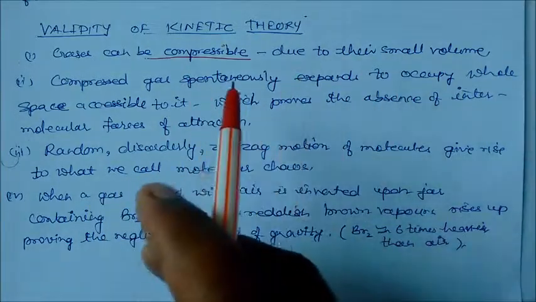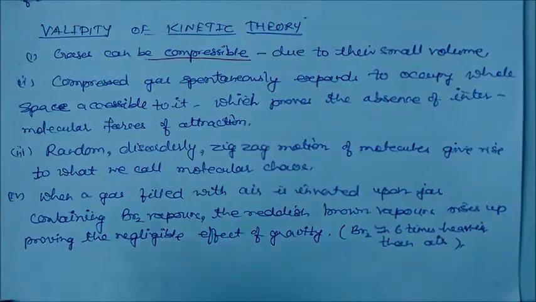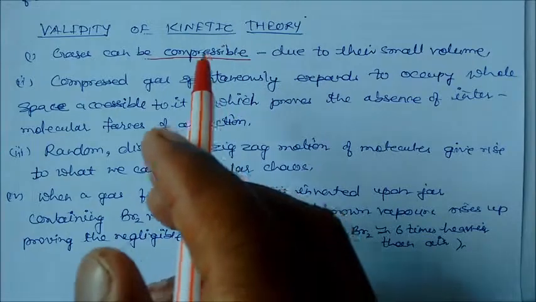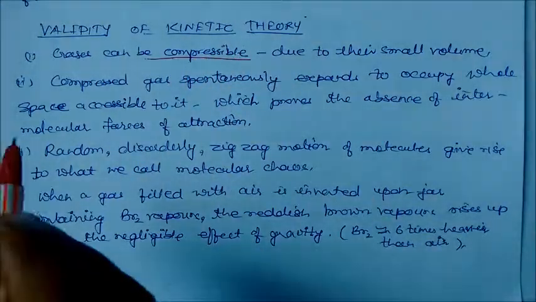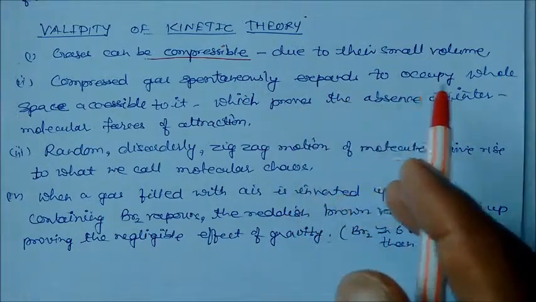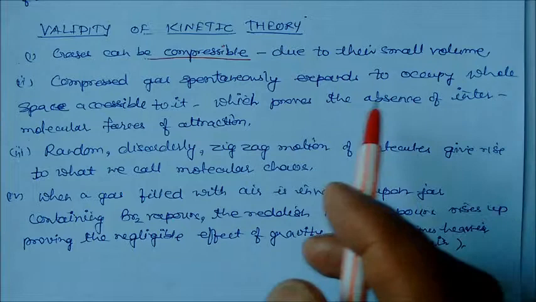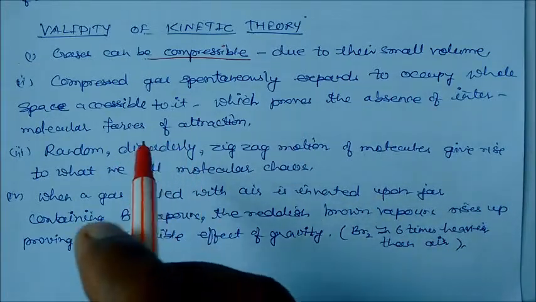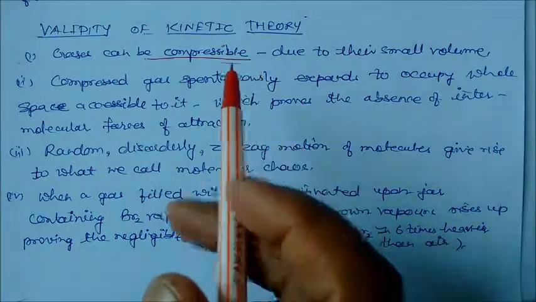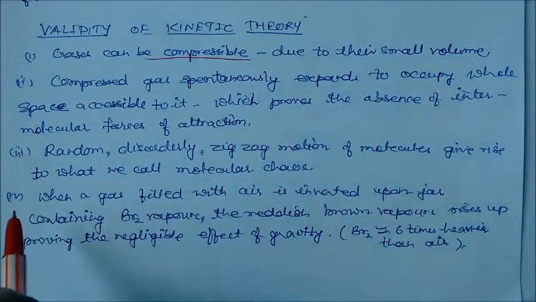This means the space between the gas molecules is very, very large, so we can easily compress them, unlike solids and liquids. A compressed gas spontaneously expands to occupy the whole space accessible to it, which proves the absence of intermolecular forces of attraction. So this point is also very true regarding gases. So we can say the kinetic theory, or its assumptions, are true.